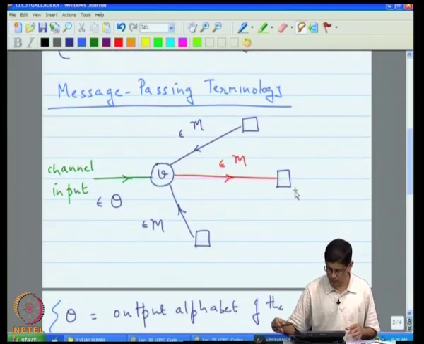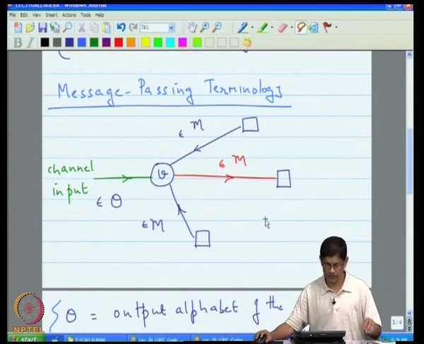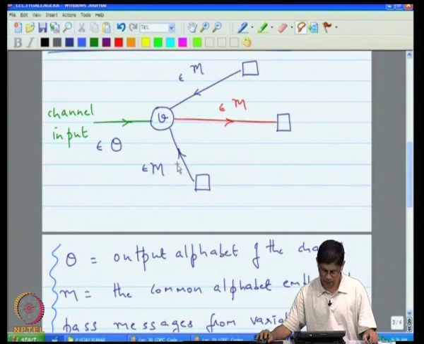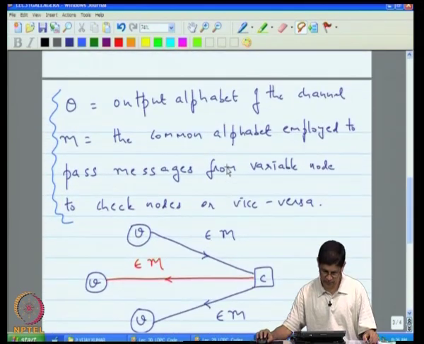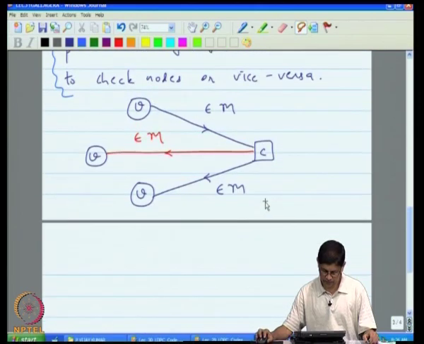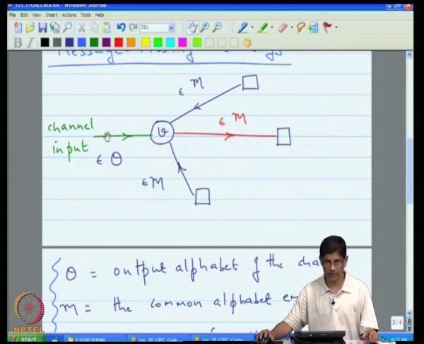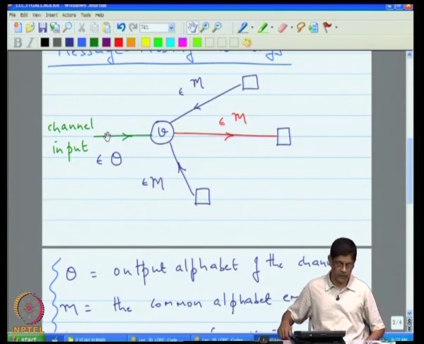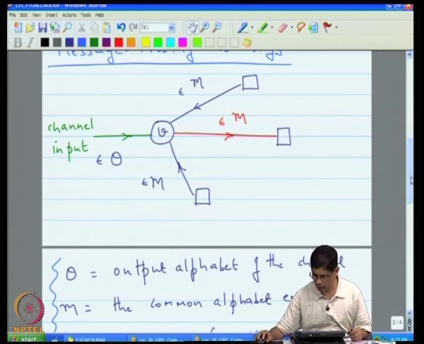So we were talking about the alphabet from which the messages that are actually passed are drawn, and I pointed out that these messages are actually subsets of the real numbers. And also I pointed out that there is a common message alphabet that is actually used to communicate messages back and forth between a check node and a variable node. This green arrow here represents the output of the channel. So that potentially could be a different alphabet. So we are going to denote that by script O.